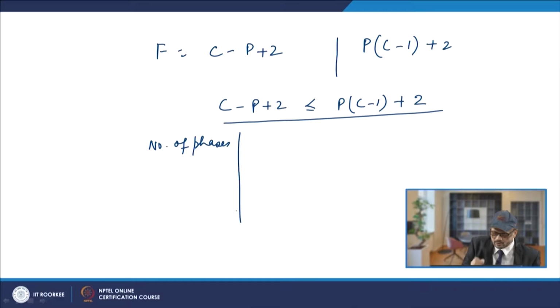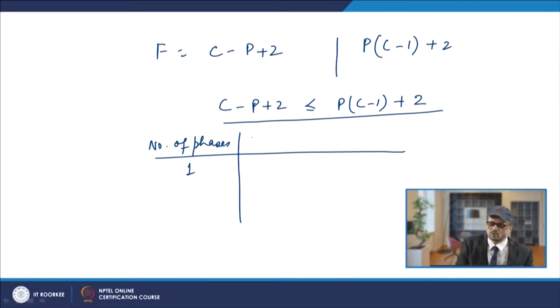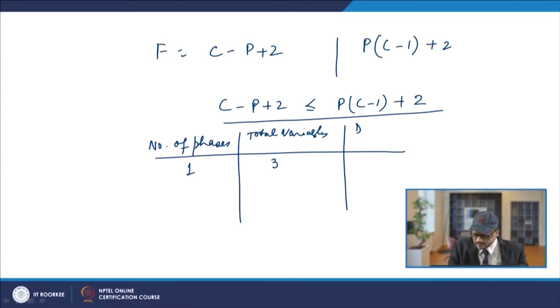If the number of phases is 1, the total number of variables, that is p into C minus 1 plus 2, will be 3, and the degree of freedom value will also be 3.